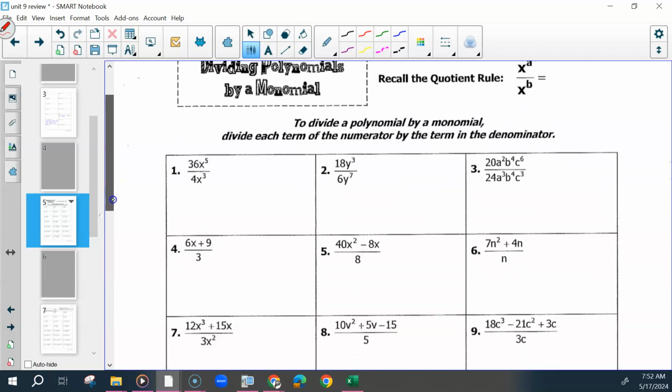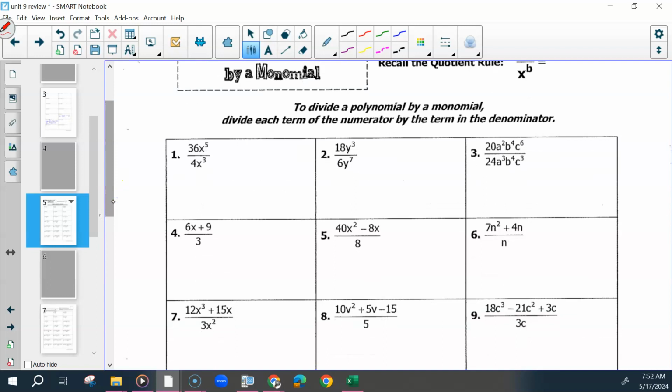So your dividing polynomials is by a monomial and by a binomial. So you have to know how to do both. Three is not something you would see. You would see something more like these, because this is just using your x. So we're not going to do that. You could choose a different one.